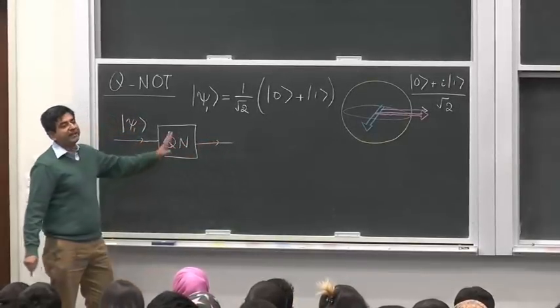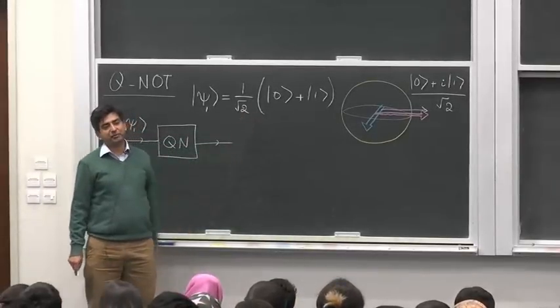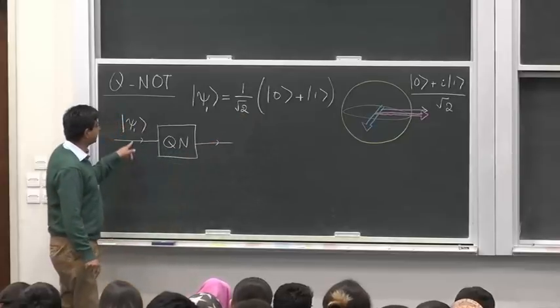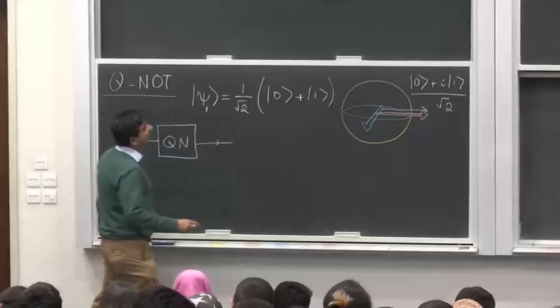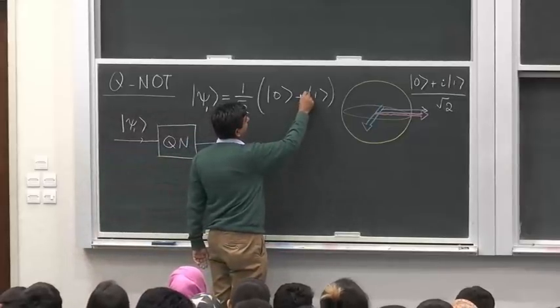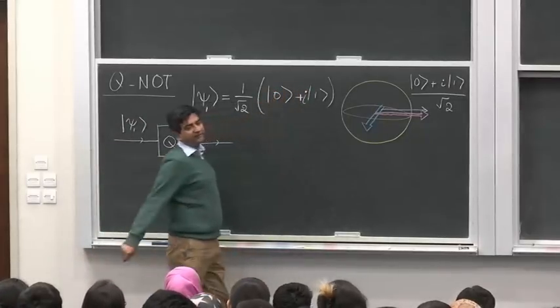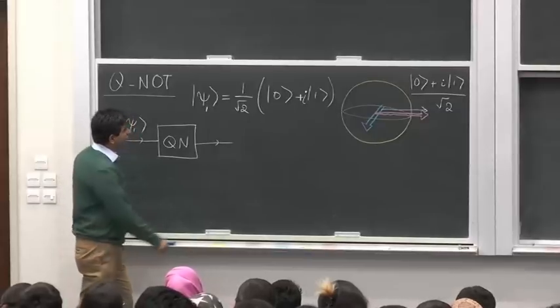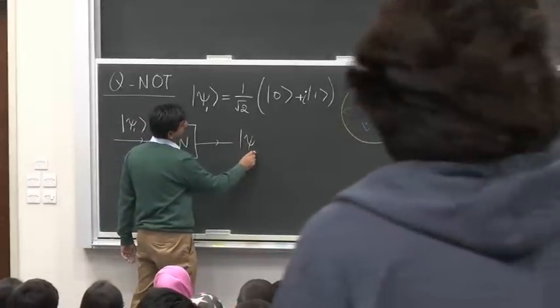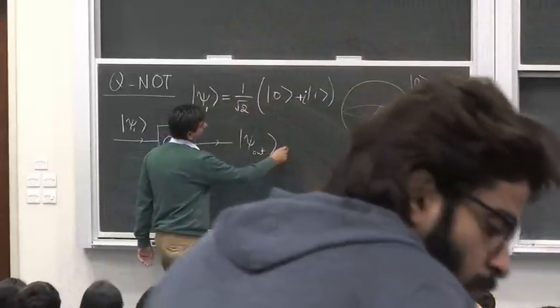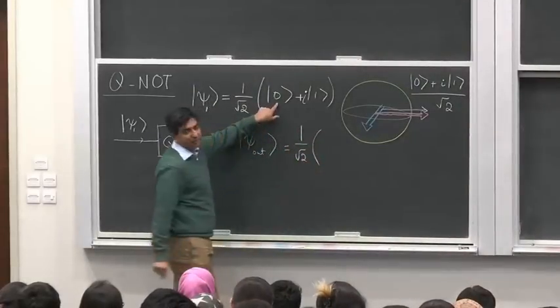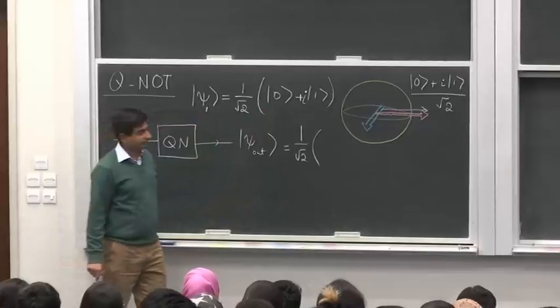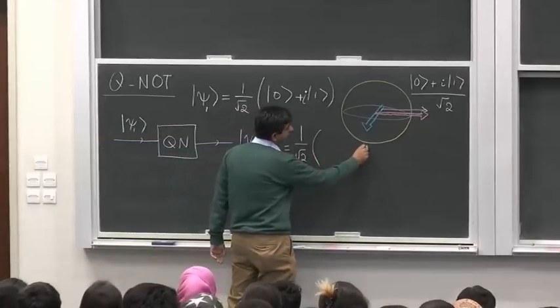Forget about the Bloch sphere picture. What should ideally be the output for this state? If this were my input state, with an i here, what should be the output? 1 over root 2, nothing happens to this. What happens to ket 0? It becomes ket 1.